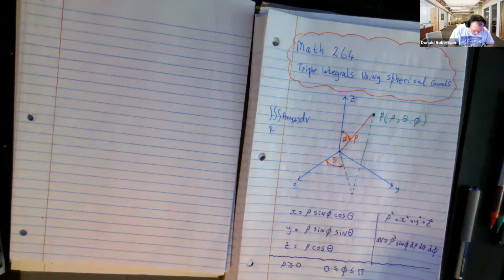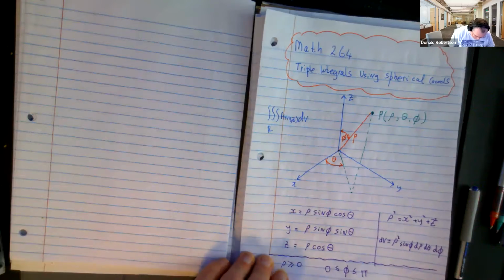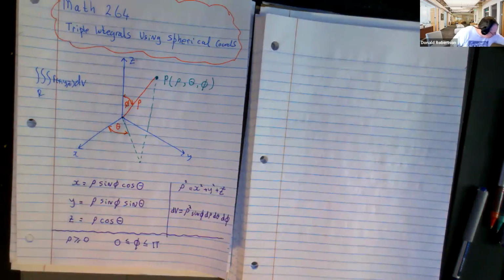Spheres are notoriously ugly if you leave them in terms of X, Y, and Z. The integration that you get from them is pretty much a non-event. You aren't going to be able to do it.